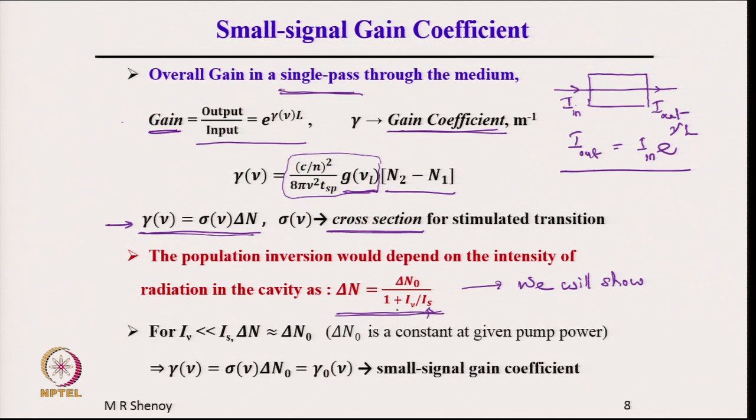All of this will be discussed in detail, but at the moment we just wanted to point out that this delta n appearing in the expression for gain is not actually a constant, but it is intensity dependent. It depends on the intensity, and therefore, delta n can be written as delta n 0 by 1 plus I nu by I s.